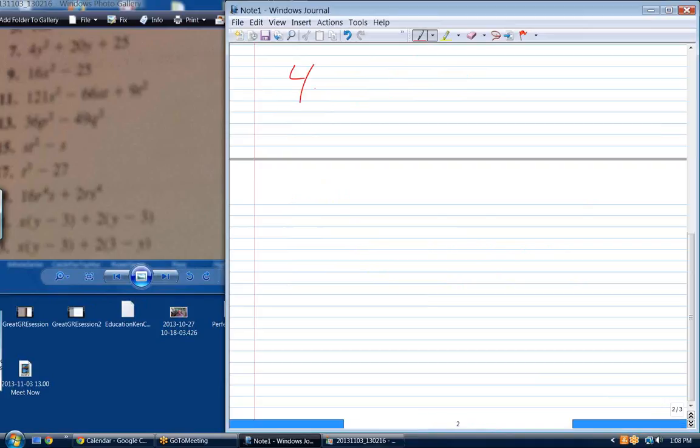This looks like 4y squared plus 20y plus 25. You can almost do this in your head, and I'll bet you are going to, because you like to do these in one step instead of multiple. What is this? 2y.